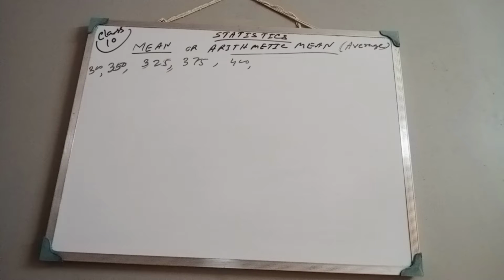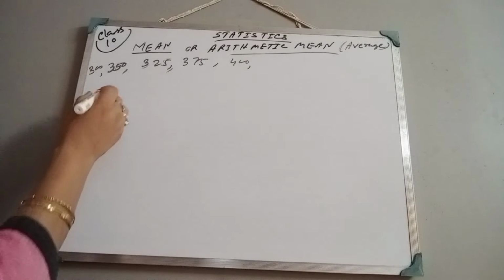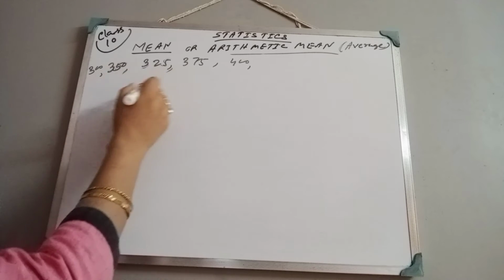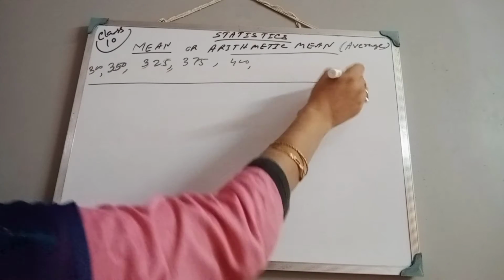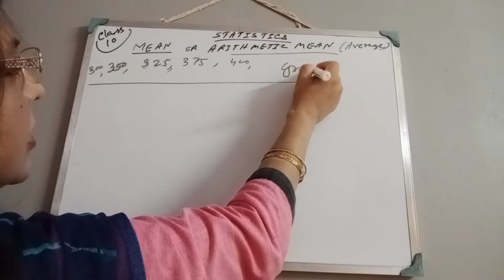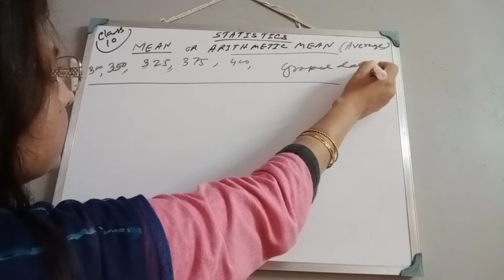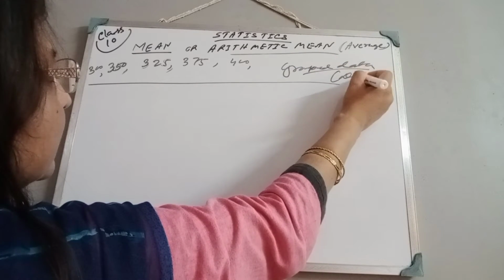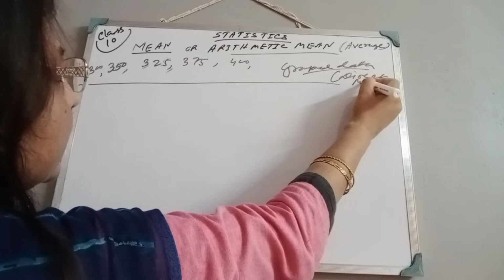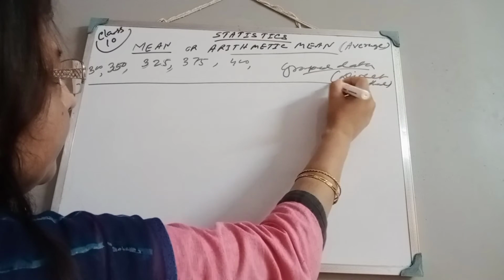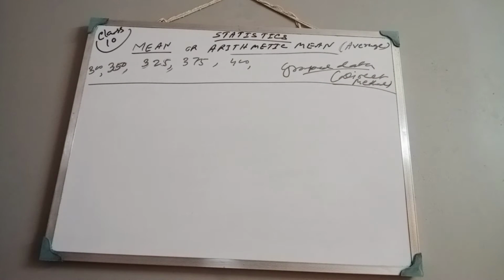Now, if we want to write these earnings in grouped form, we will write all this data in a group form. This method I will explain as the direct method. What is this method?